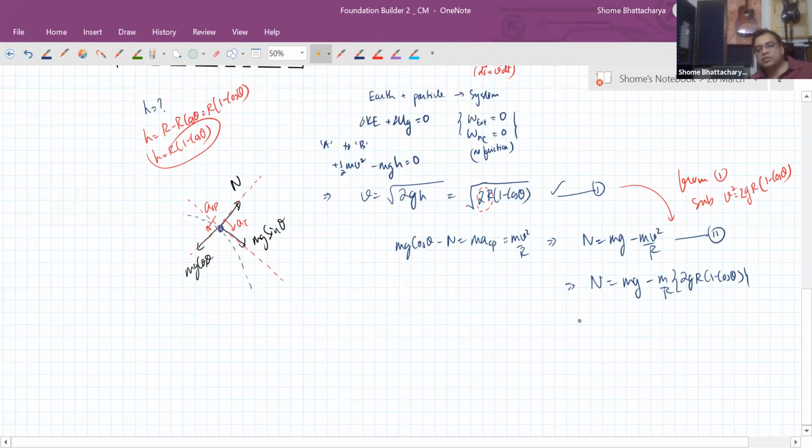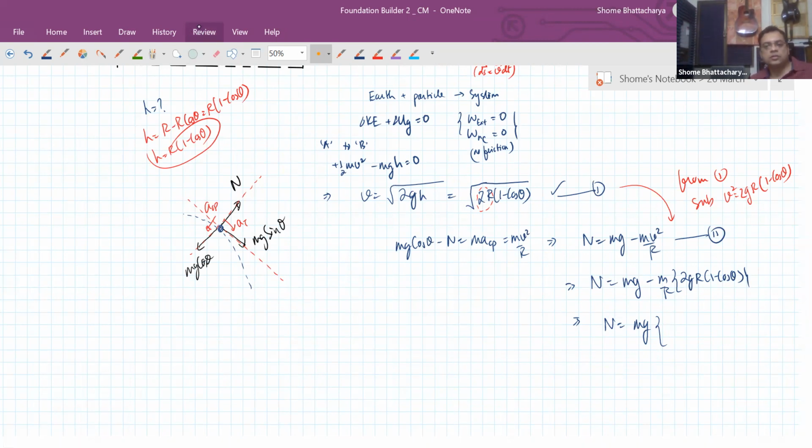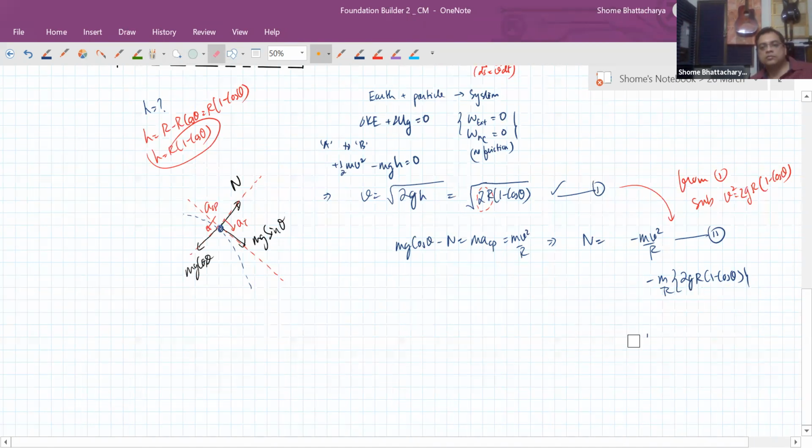So finally, this will give us normal reaction as a function of theta as mg into... this is mg cos theta. Again, I made a mistake. So N should be equal to mg cos theta minus mv square by r.